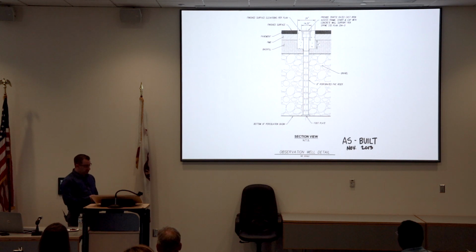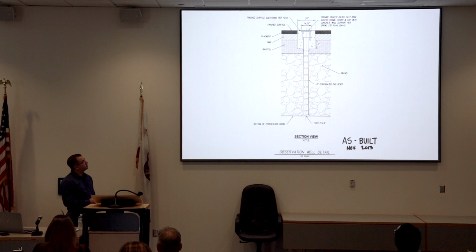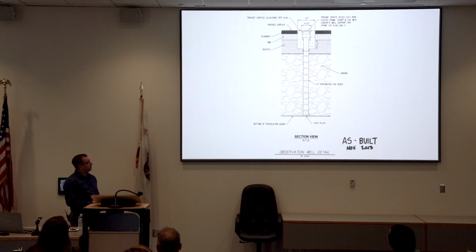So the plan showed just the casing, just the top surface for them to access. So it's an observation well detail, right? So you have the top casing, and then you have the casing for just a PVC riser to take the drainage down and let it infiltrate into the dry well here, into the rock, the gravel.